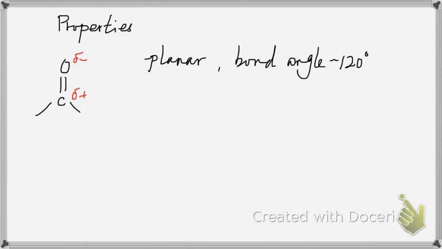And it's a double bond, so the geometry for the carbonyl will be planar, and the bond angle is about 120 degrees. Both the carbon and the oxygen will be sp2 hybridized, and this is a polar covalent bond.